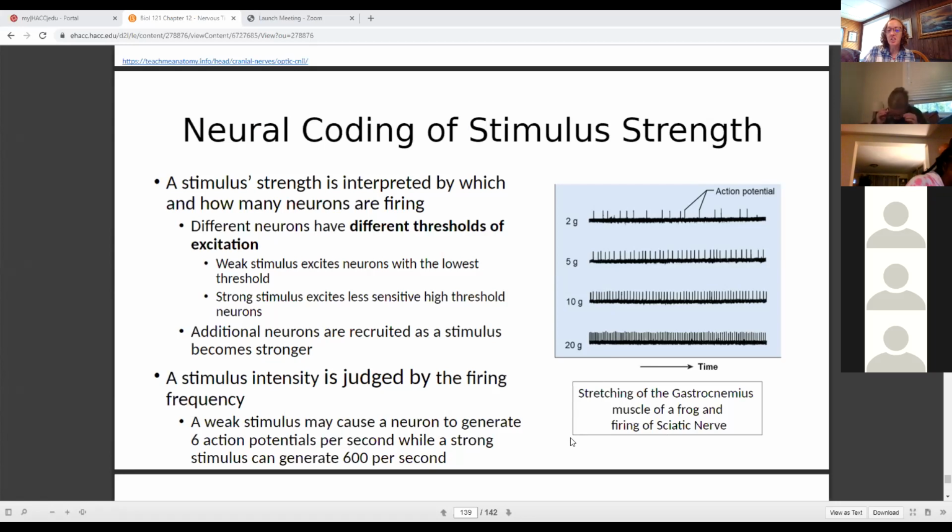The stimulus intensity is the rate of firing. A weak stimulus can cause a neuron to generate 6 action potentials per second, while a strong stimulus can generate over 600 per second.